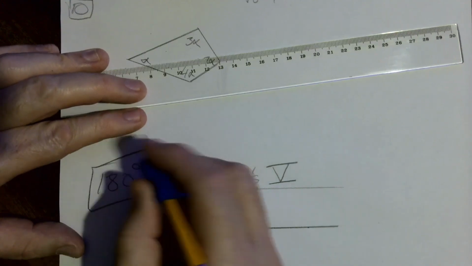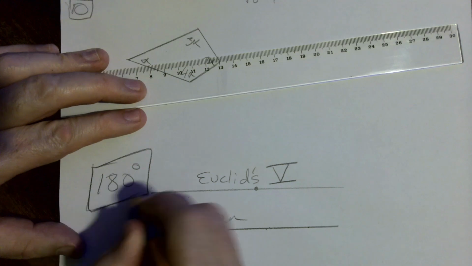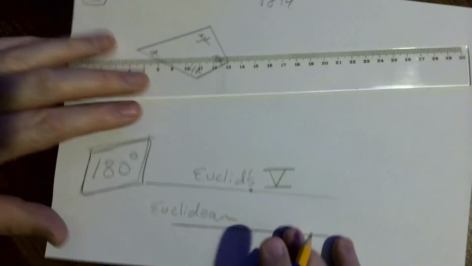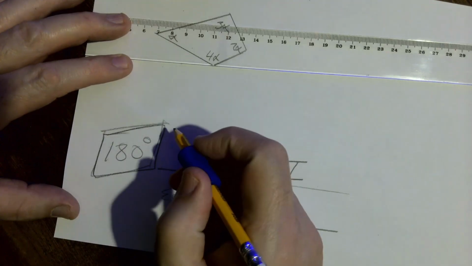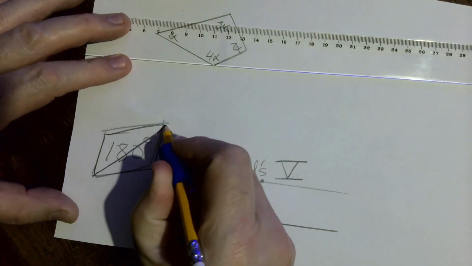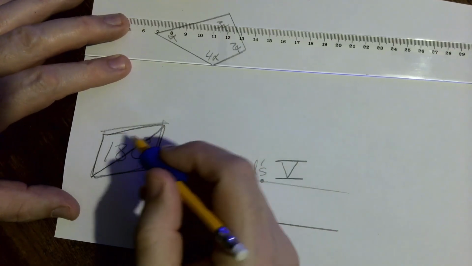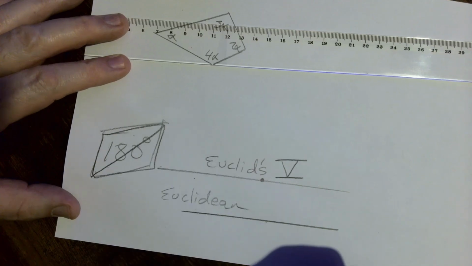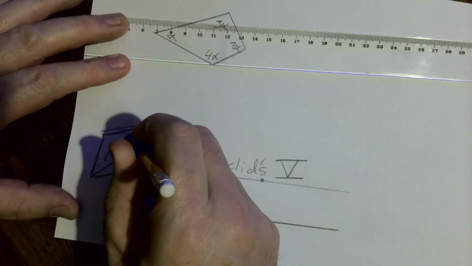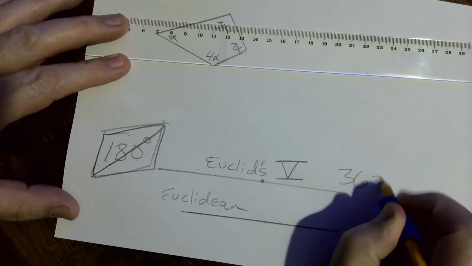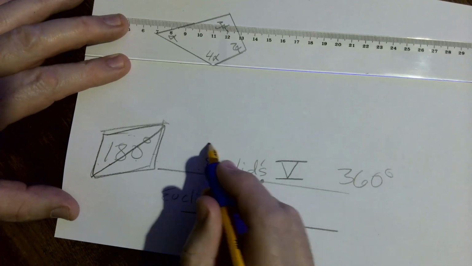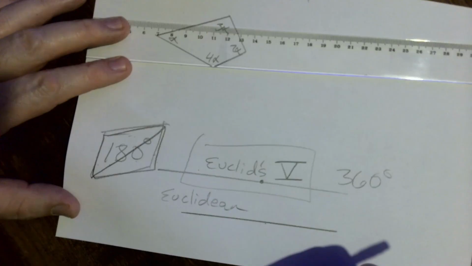So 180 for a triangle. Whoa, look at that. And a tetragon: draw a diagonal on a tetragon, and you get 2 trigons. 180 plus 180 is 360. Thank you, Euclid's fifth.